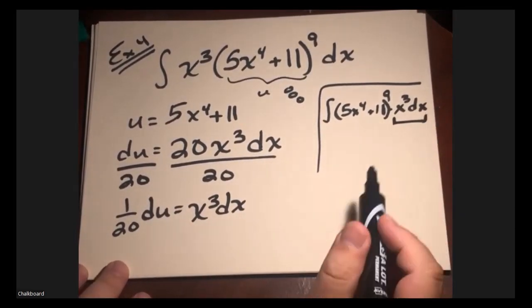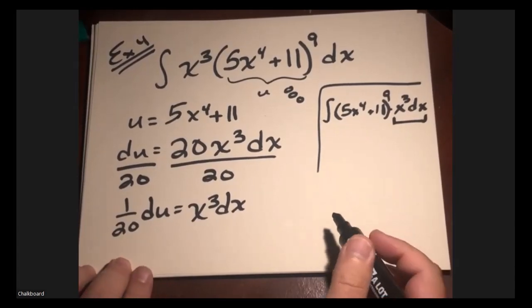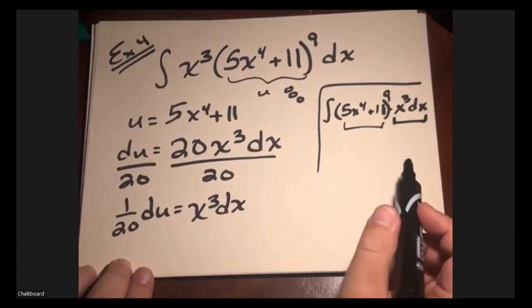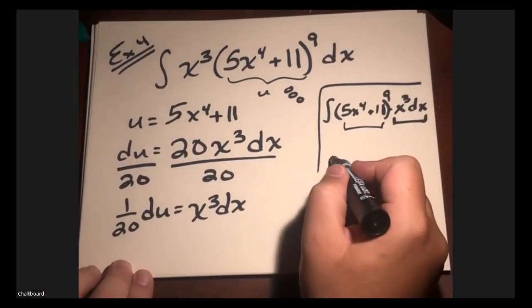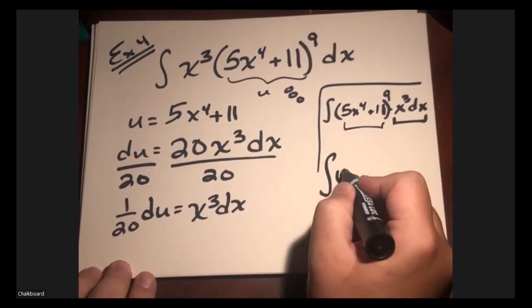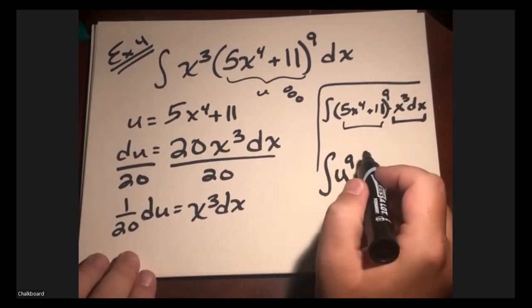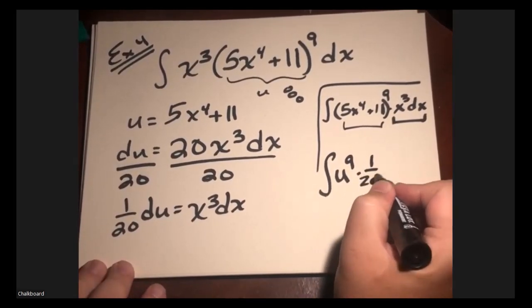So this is 1/20th du now. And this right here is just u. So it becomes the integral of u to the 9 times 1/20th du.